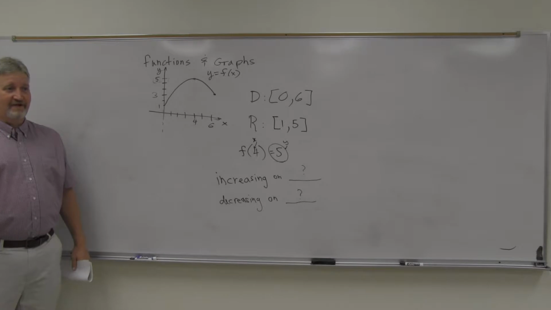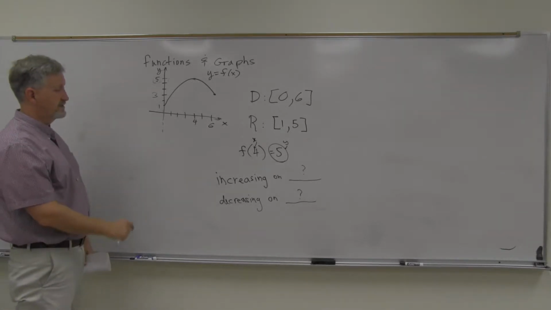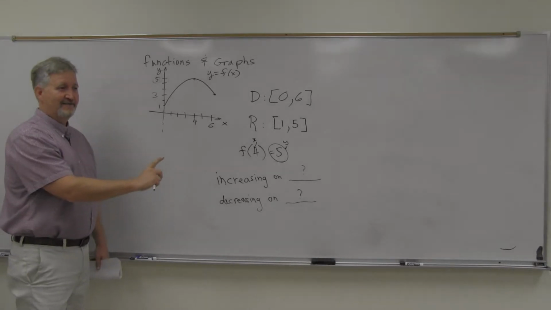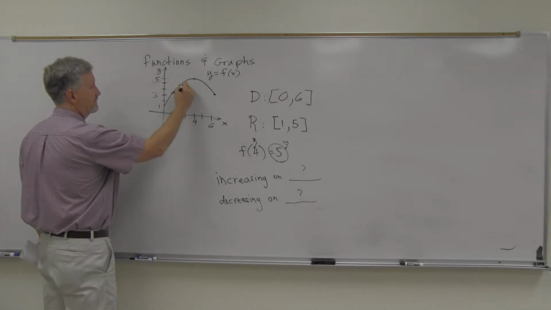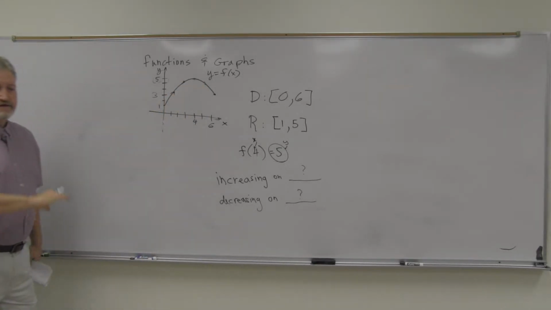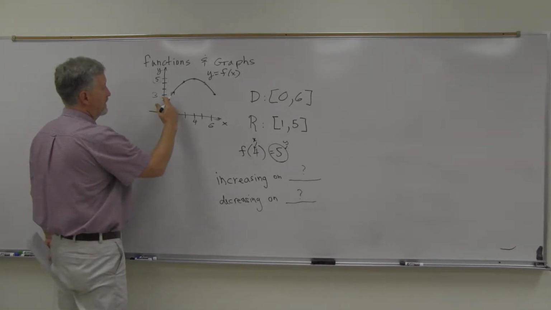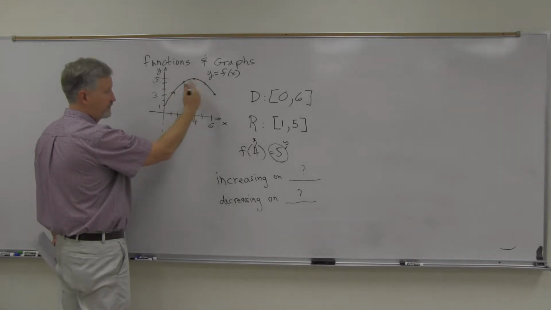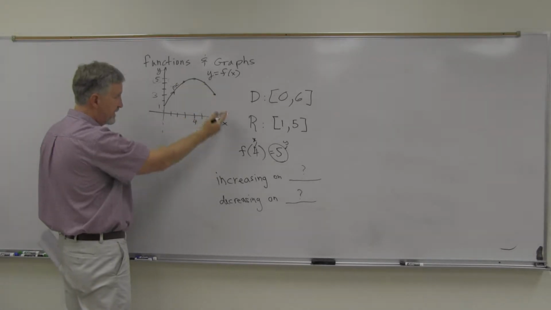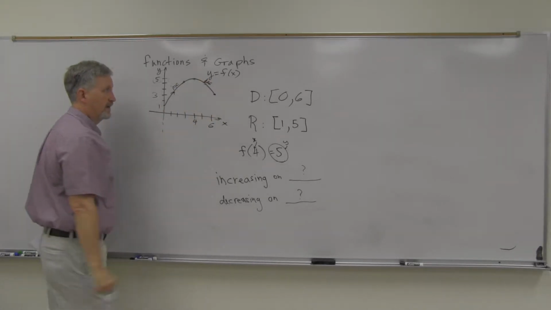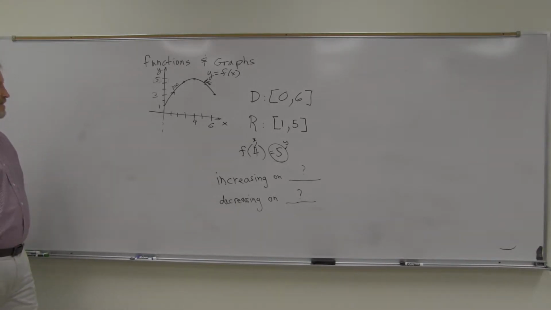And it's pretty easy if you got the graph to locate increasing and decreasing. Basically what increasing means graph-wise is if you're going left to right, so if I go left to right on this graph here, this thing is increasing starting at 0. It's going up, in other words, I'm looking for increasing. If it's going up from left to right, that means the function's increasing, and then if it's going downwards, that would be decreasing. So fairly easy, going left to right.